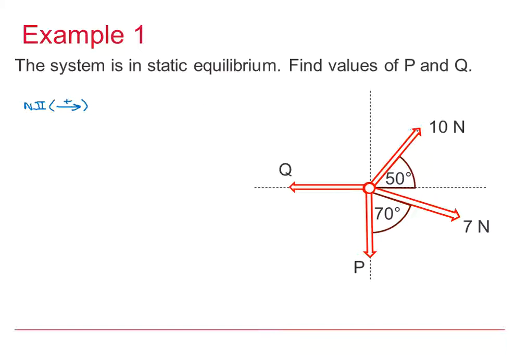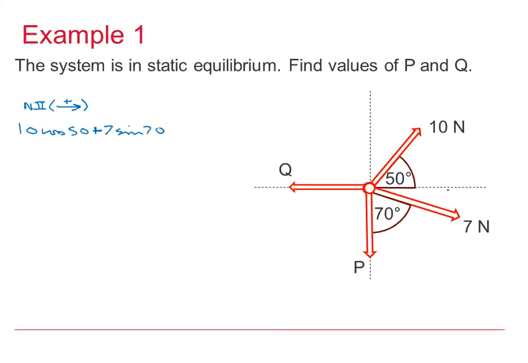So if we start off with a 10 Newton force, and imagine drawing a little triangle on that 10 Newton force, the horizontal component would be 10 cos 50. If we draw a triangle on this 7 Newton force, the horizontal component would be 7 sin 70, and that would be pulling to the right, so that would be a positive component.